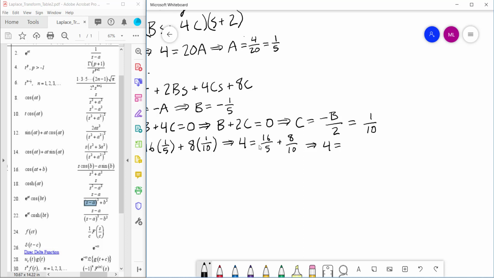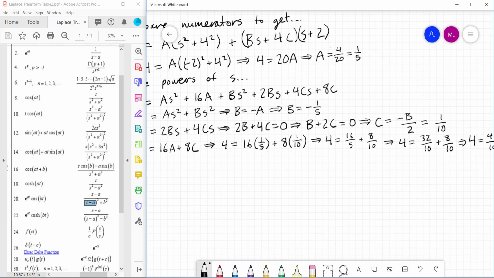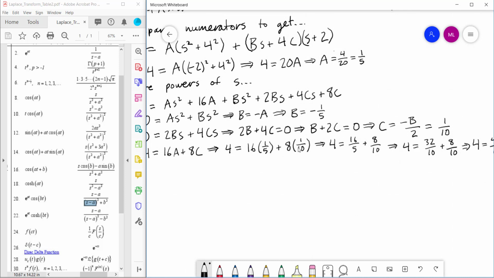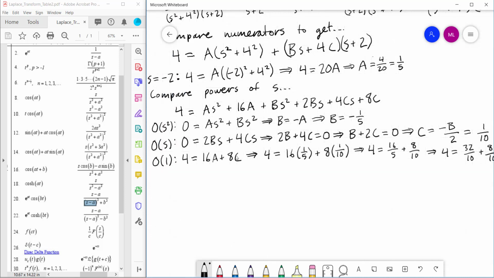So 2 over 2, we'll get 32 tenths plus 8 tenths, which sure enough is 40 tenths, which is indeed 4 equals 4. So it works out. The values we found for our a and c did in fact also wind up satisfying this last equation.